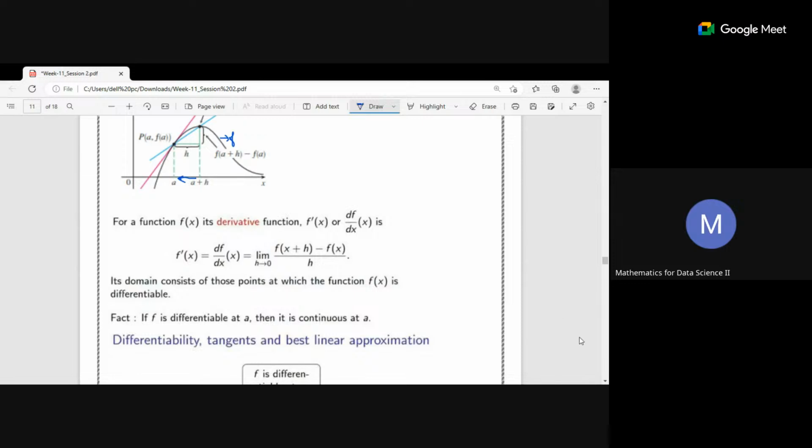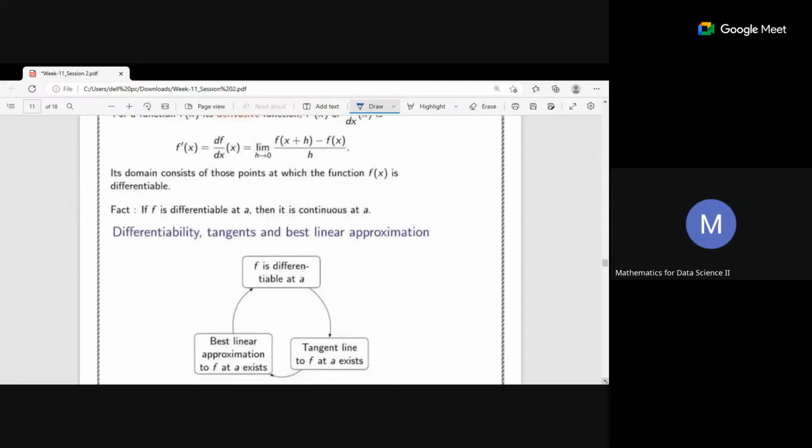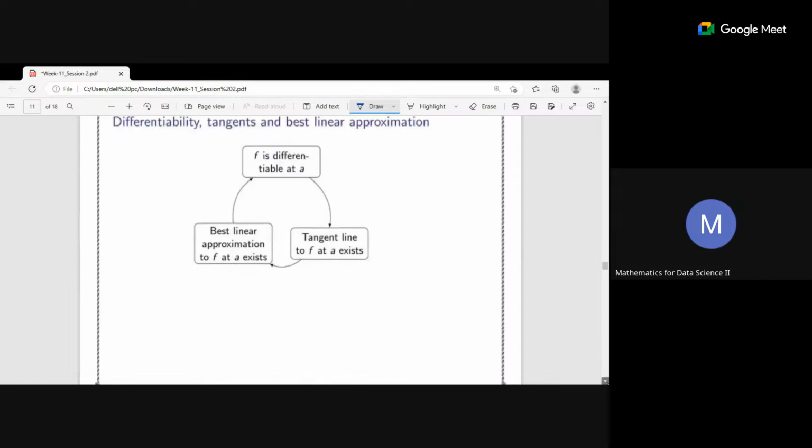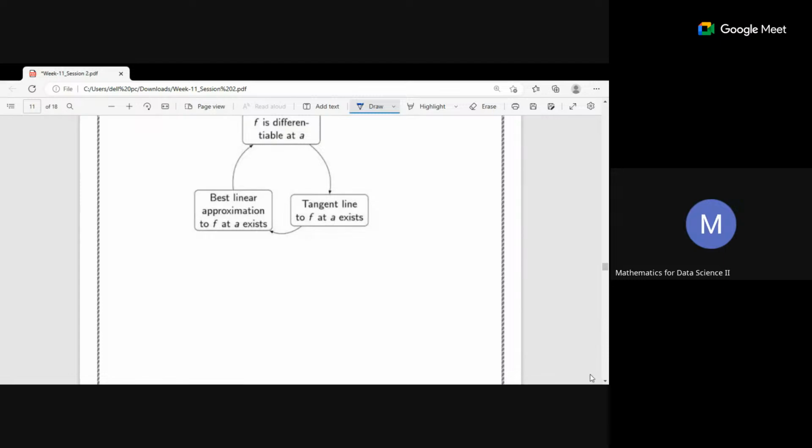These are some basic properties of differentiability of one variable functions. Also, if your function is differentiable at a point, then the tangent line of f at a exists, and the best linear approximation of f at a exists. All these are equivalent conditions. So the analogous concept we will now see for multivariable functions.